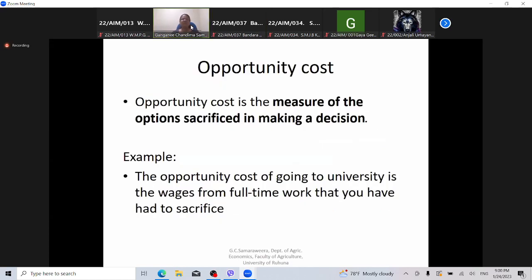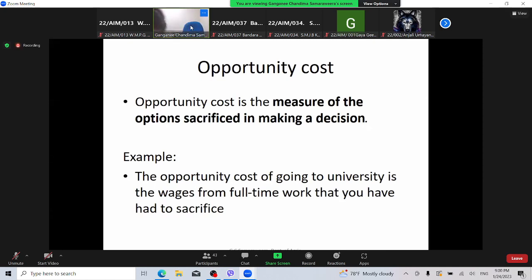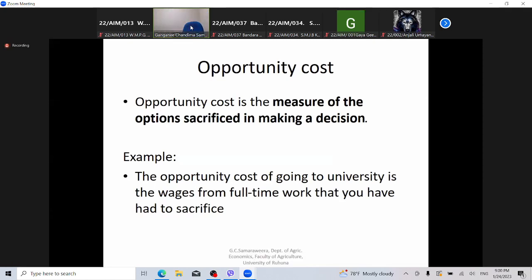Then we'll move to another important point, opportunity cost. Okay, so this is also a very important concept in microeconomics.